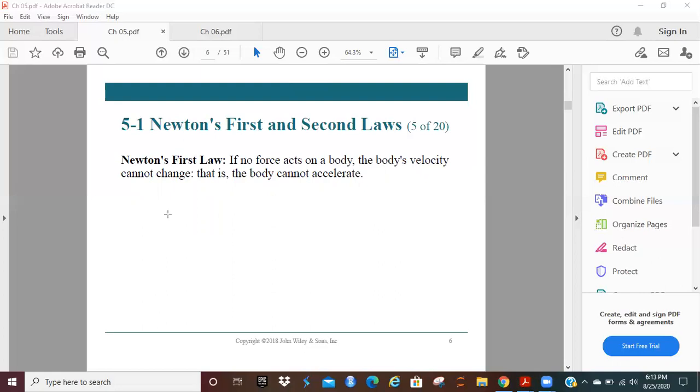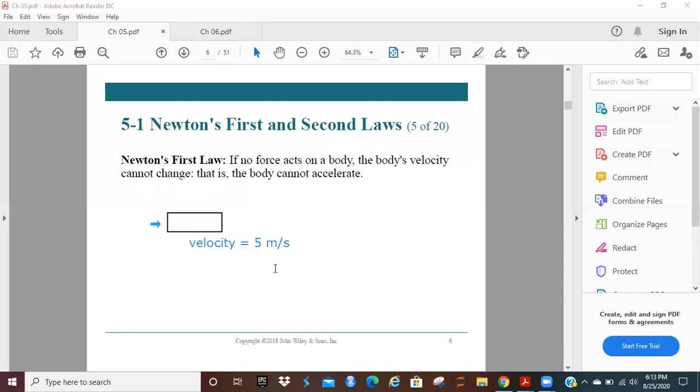So we've got this object right here, and it is moving at a particular velocity. We'll just say that velocity is 5 meters per second. If there's no force acting on that particular body, then the body continues to move at that speed.